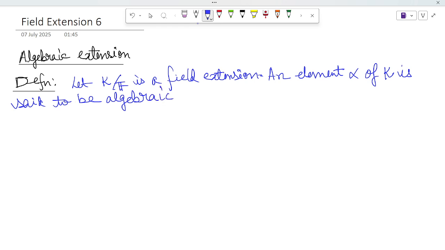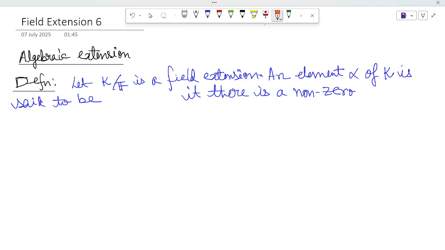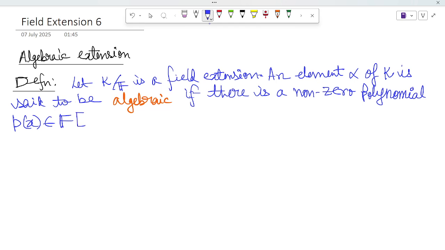Algebraic means it satisfies some non-zero polynomial, non-zero equation. Algebraic if there is a non-zero polynomial, suppose it might be p(x) belongs to F[x], such that p(alpha) is equal to 0.